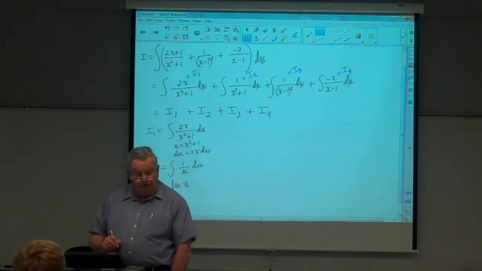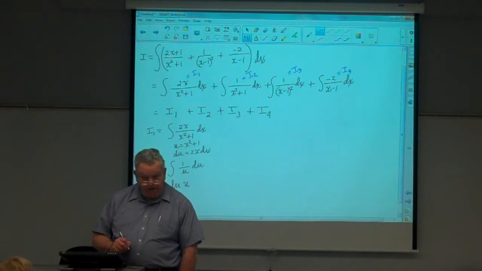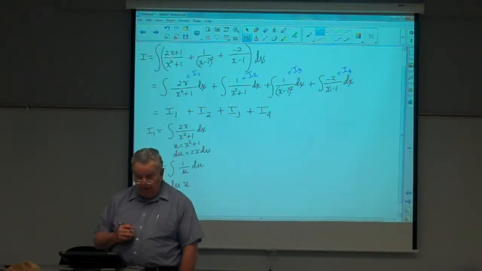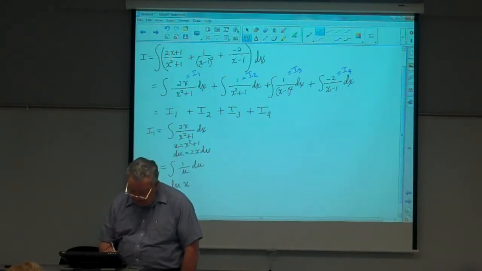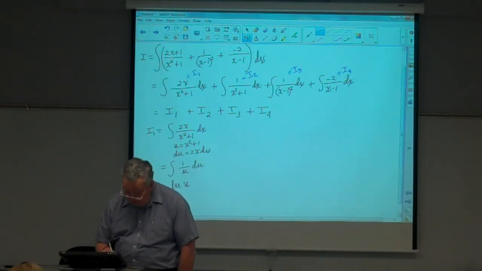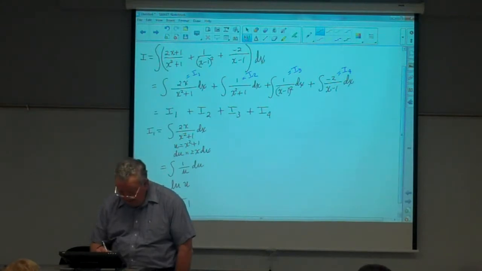I'm going to leave the c's off because I'm going to put one on at the end. Is that okay with you? It'll be okay with me as long as you put that one on the end. Which is equal to the log of x squared plus 1. I'd better put the plus c.